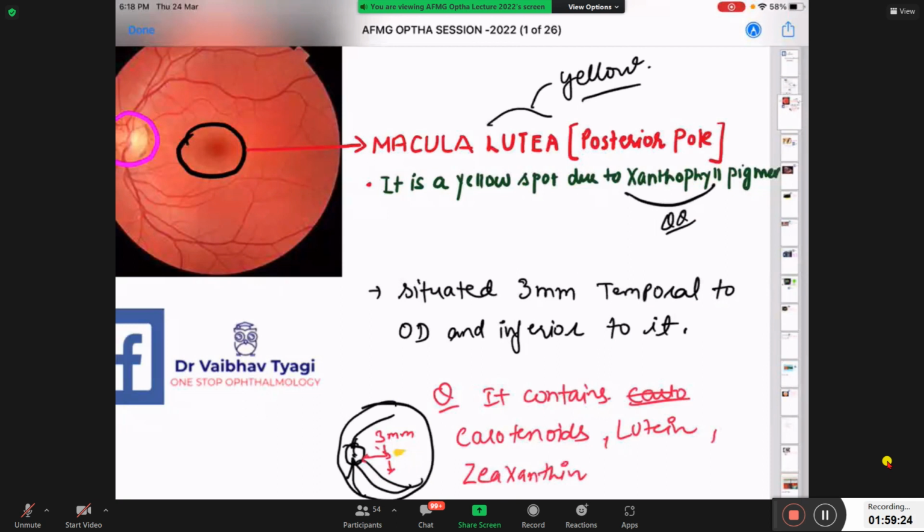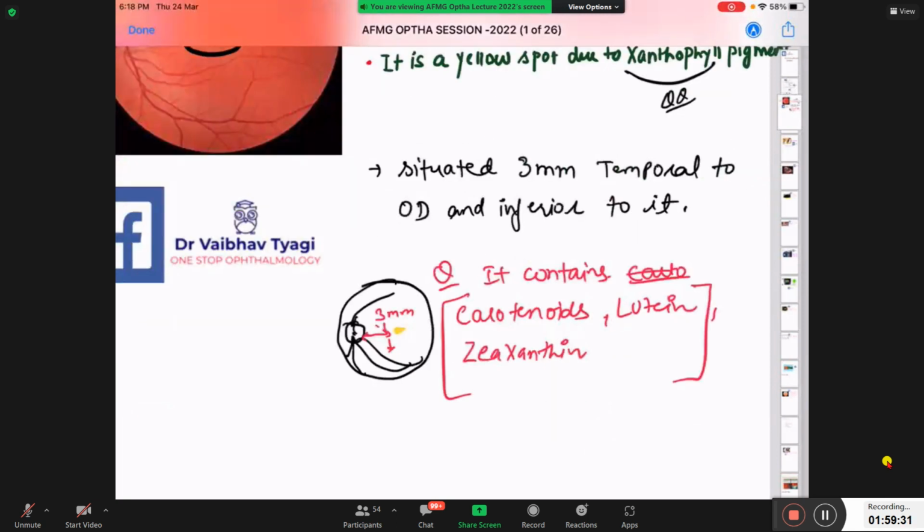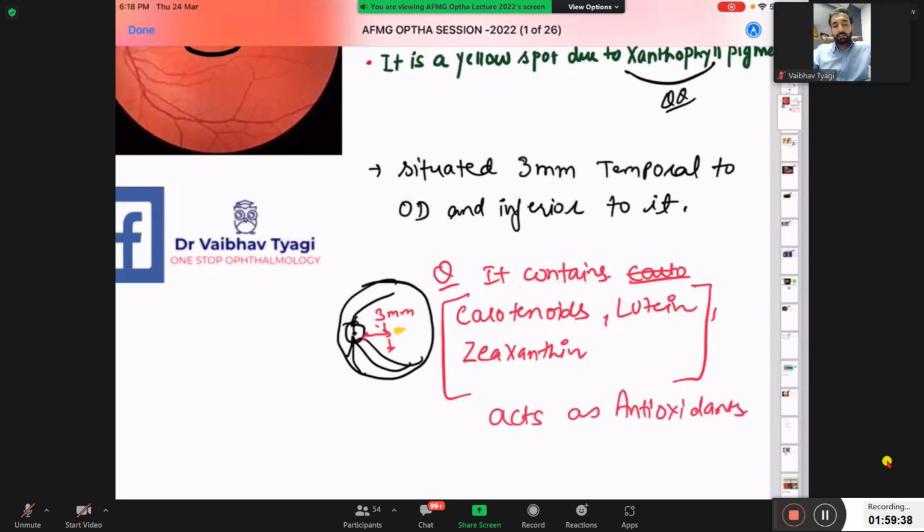These three pigments, carotenoids, lutein, and zeaxanthin, act as antioxidants. So natural antioxidants are present in the macula lutea, and the names of these antioxidants you have to remember because they are very, very important for your exam. Carotenoids, lutein, and zeaxanthin are the antioxidants present in the macula lutea.